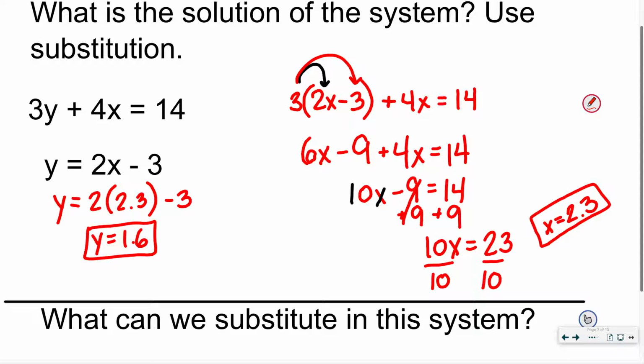I already know it's working in the bottom equation because I substituted 2.3 and I found 1.6. Let's try it here. If I multiply 3 times 1.6 and I add it to 4 times 2.3, does that add up to 14? Try that really quick.